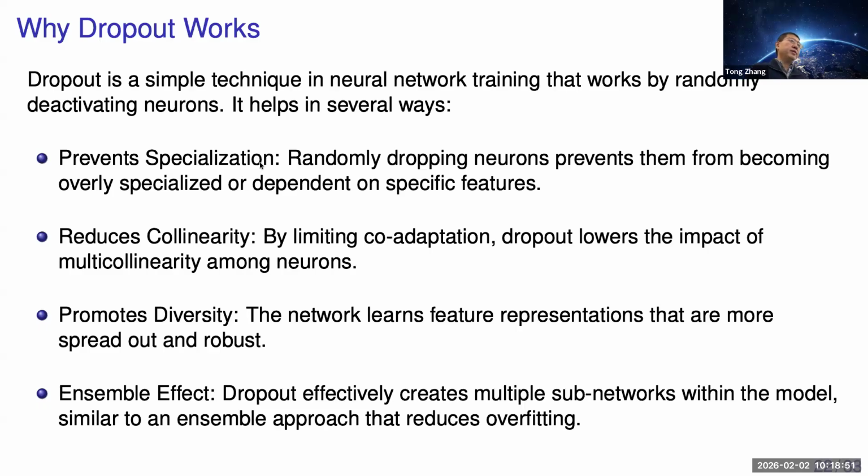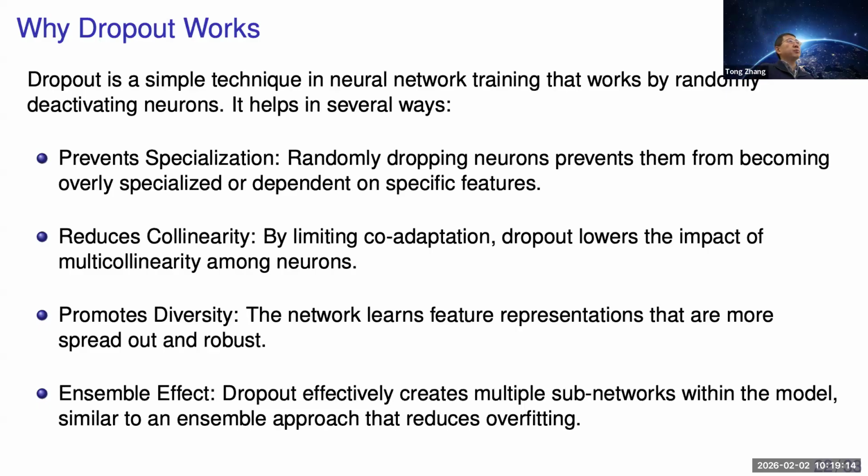Prevent specialization. In particular, the paper mentioned collinearity. Let's say two neurons at some point become very similar or identical, right? All the weights are identical, and below that also identical. Then what happens?